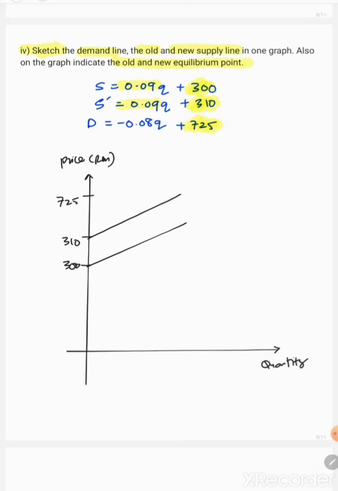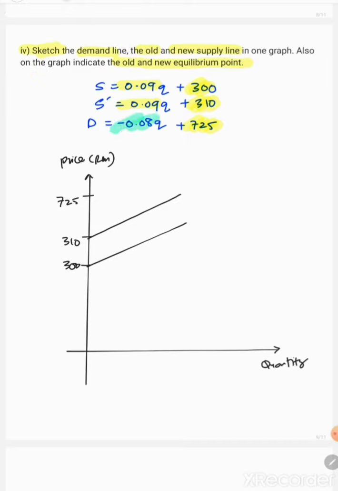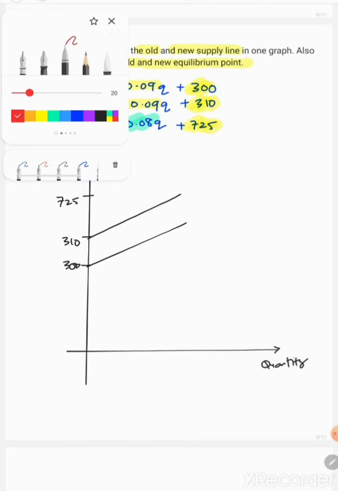And then for the demand equation, the slope is negative, so therefore the graph is decreasing. This is the line for the demand.